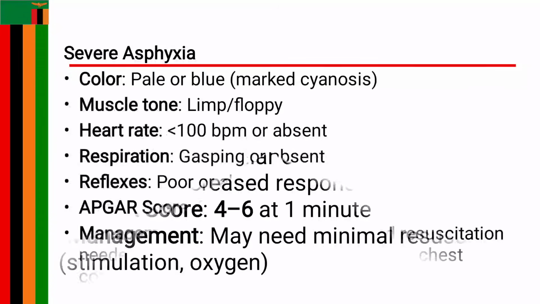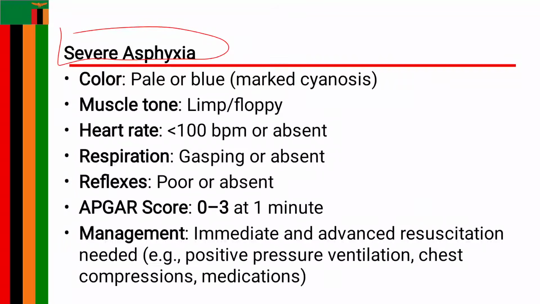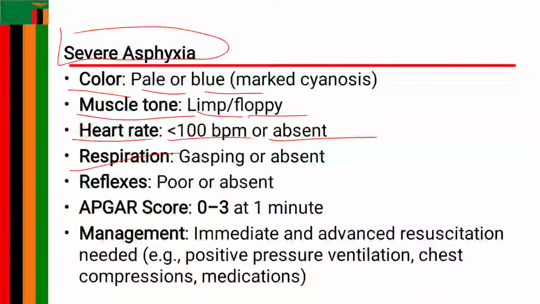Then the other classification is severe asphyxia. Severe asphyxia, in terms of the color, the baby looks pale or blue. Muscle tone, the baby is limp or floppy. There is poor or no response at all. Heart rate, it is less than 100 beats per minute or even absent. Respirations, the baby may be gasping or there may be no respirations whatsoever.